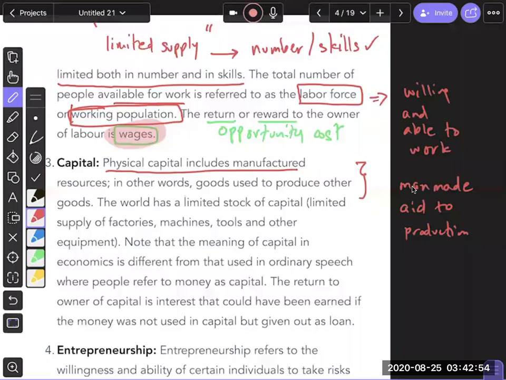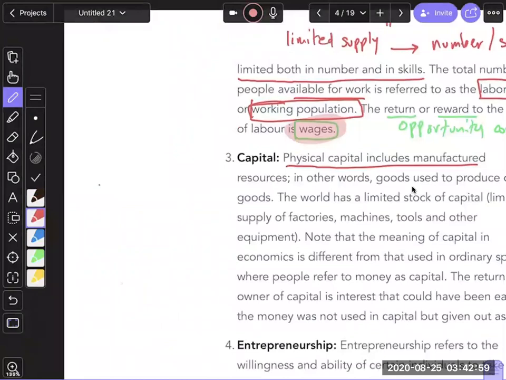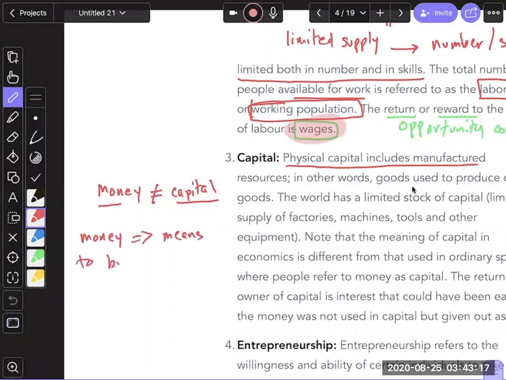An important thing to understand here is that in economics, you should write this down, money is not capital. Why is money not capital for us? Money is just a means to buy goods and services. They are not the goods themselves, but they're a means to buy them.